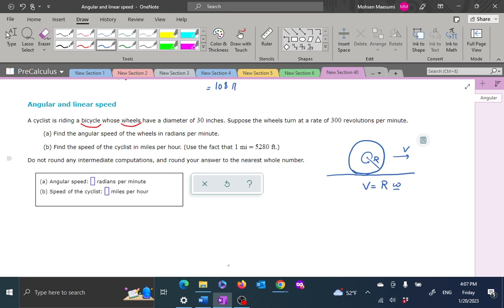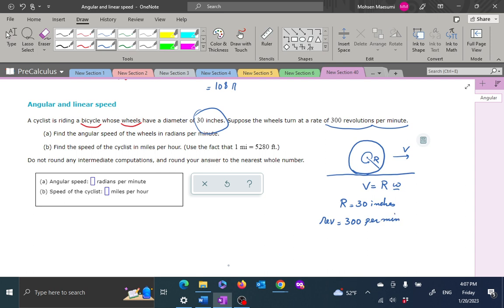So what do we have here? We are given that the bicycle, so it's a big bicycle, is 30 inches for the radius of the wheel. It is turning at the rate of 300 revolutions per minute. So the revolution rate that we have is 300 per minute.